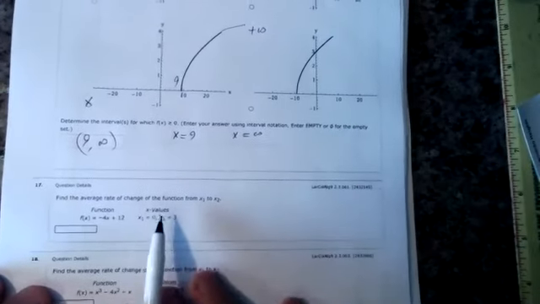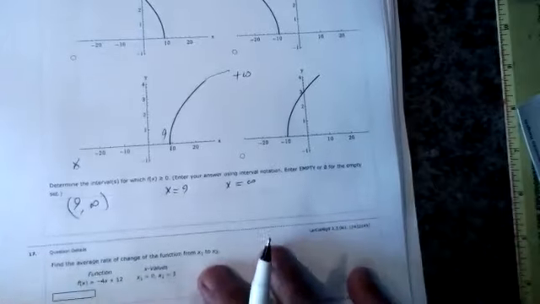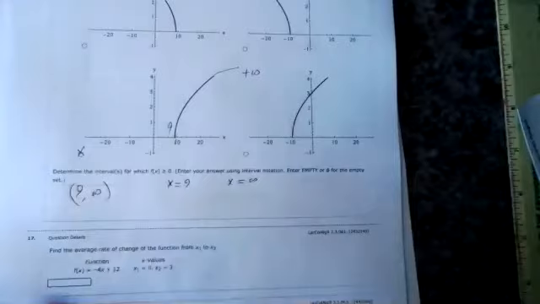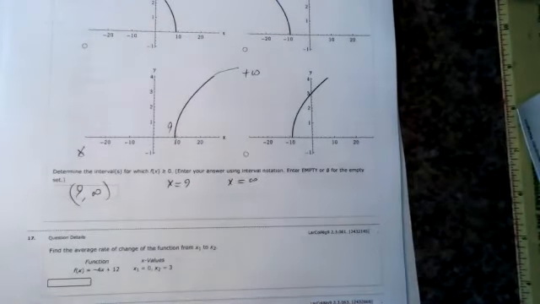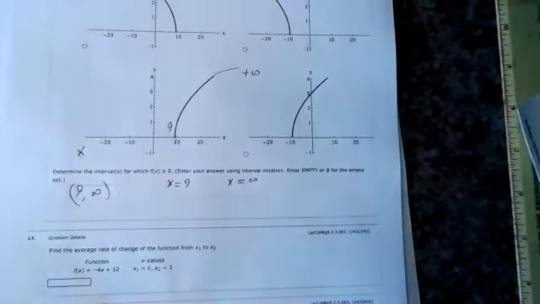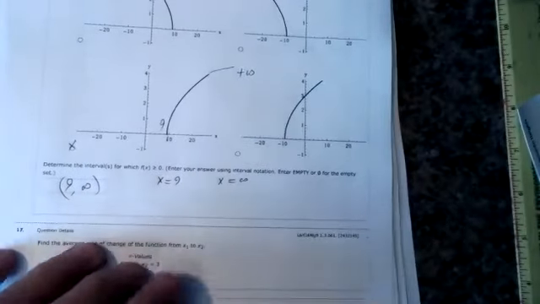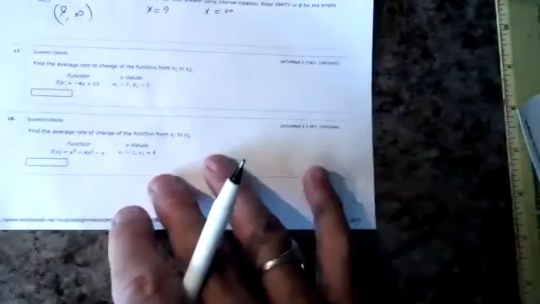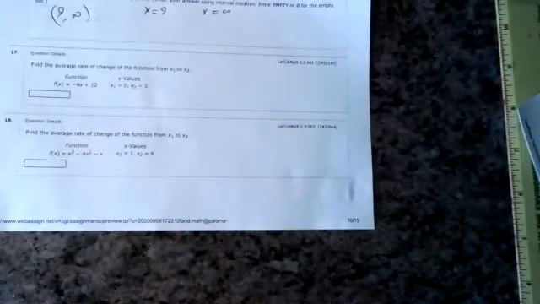Now find the rate of the change, number 17. Okay. These 2 problems both ask us to find the rate of the change from x1 to x2. And we mentioned rate of the change. What is rate of the change? It's slope.